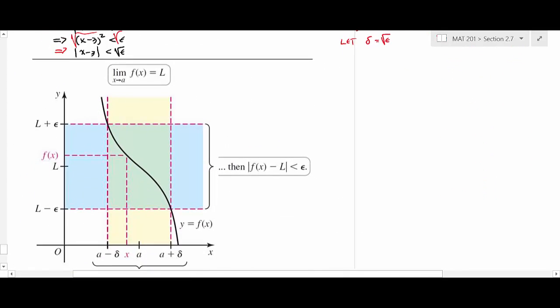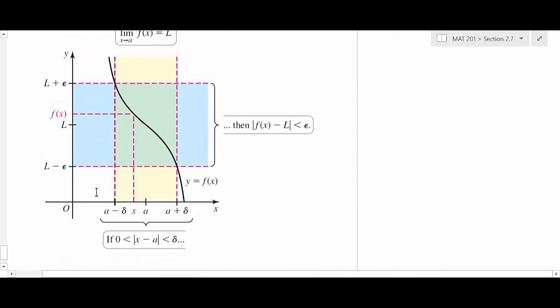This is an overview of the diagram that we were talking about. Epsilon is a positive number centered around the value of the limit. This gives you an epsilon belt, and then you can find a delta that will fit within that range. So the idea is this is the value of the limit.